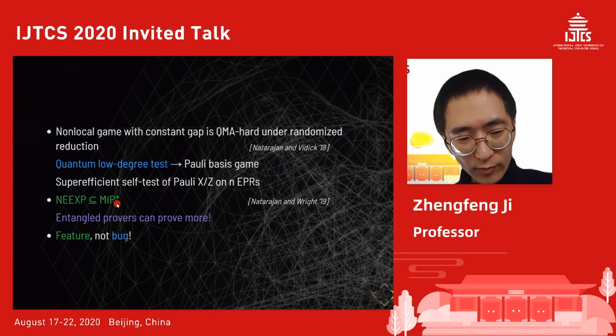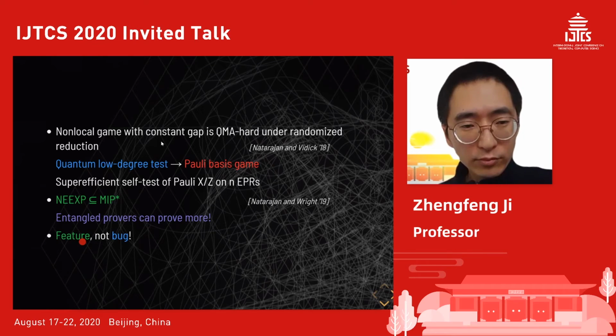From now on, we know that entanglement is actually a feature. It is very important in our final proof, and basically it's the rope around the quantum low degree test and rigidity. This is how it states.